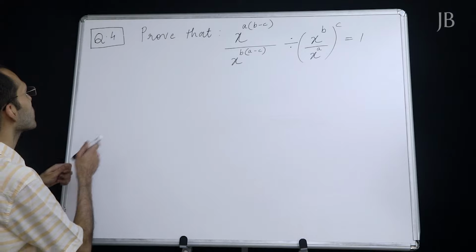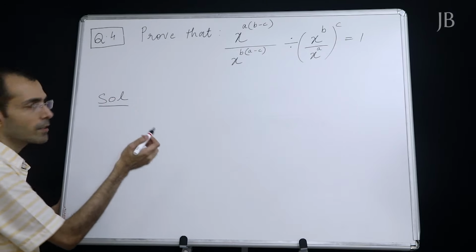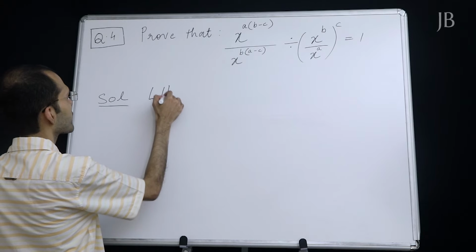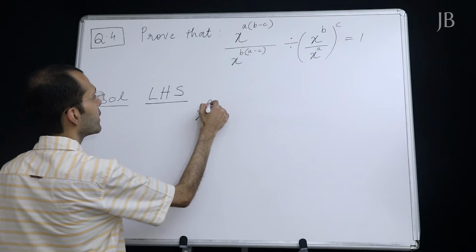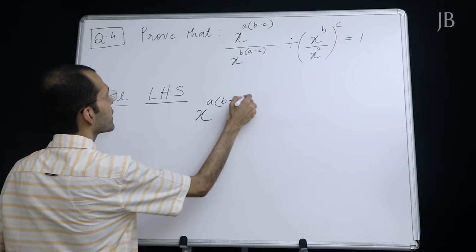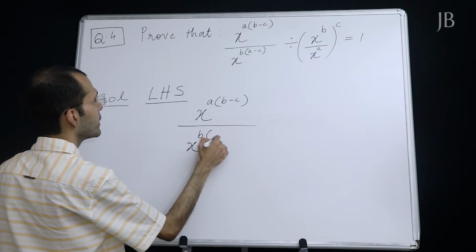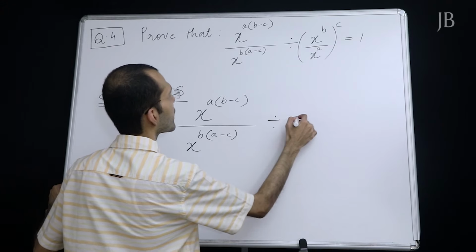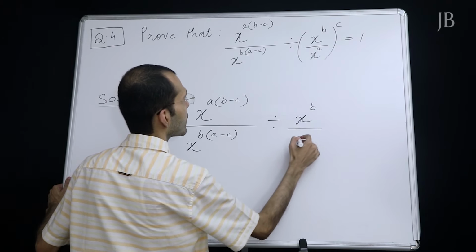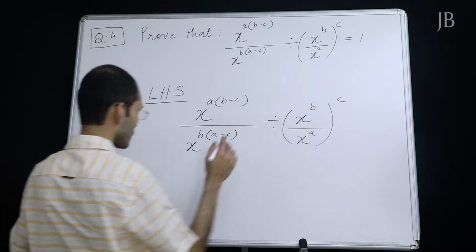Now, since this is a proof sum, we can't assume it to be equal to 1 naturally, right? So we will take LHS. So this will be x raised to a into b minus c, the whole divided by x raised to b, this divided by x raised to b upon x raised to a, the whole raised to c.